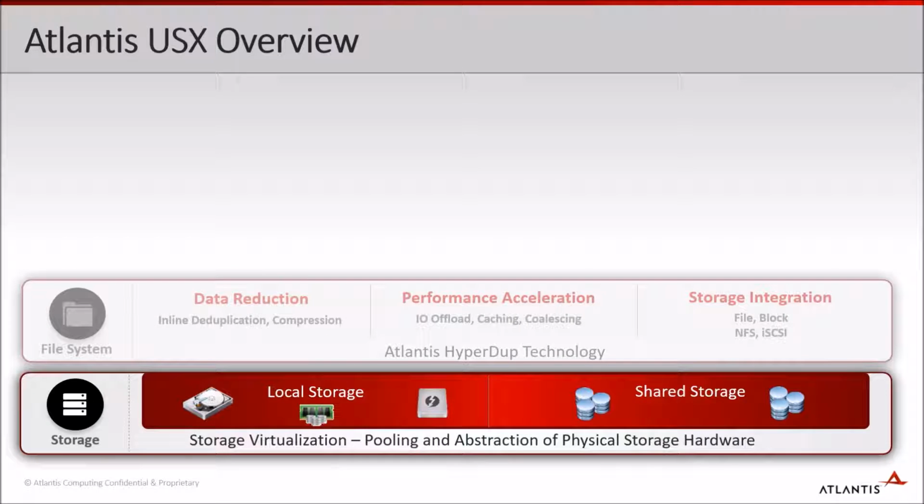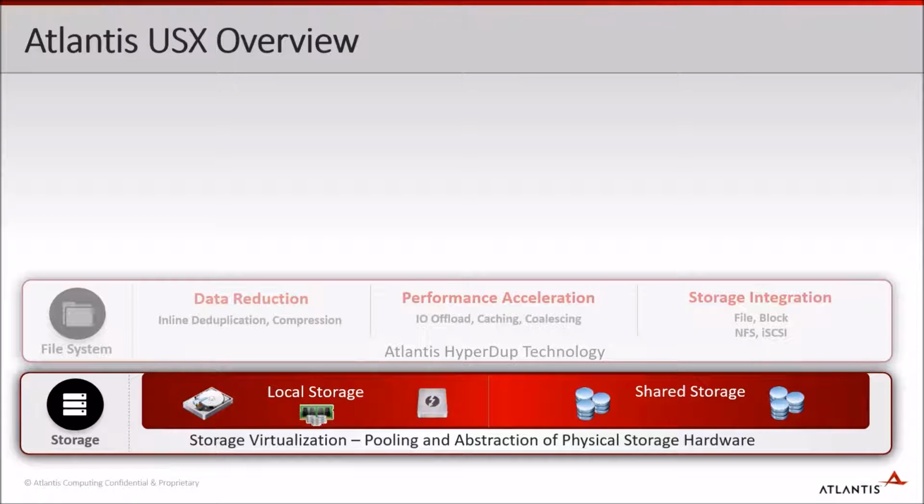USX is able to virtualize, pool, and abstract any physical storage hardware that may be thrown at it. And that helps even for Atlantis HYPERSCALE as well, because of this capability, we are able to support HYPERSCALE right now with 4 different hardware vendors, namely Supermicro, HP, Lenovo, and Cisco.